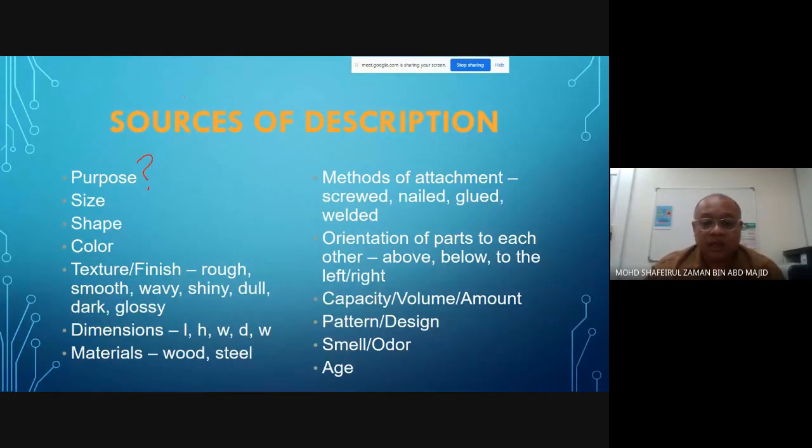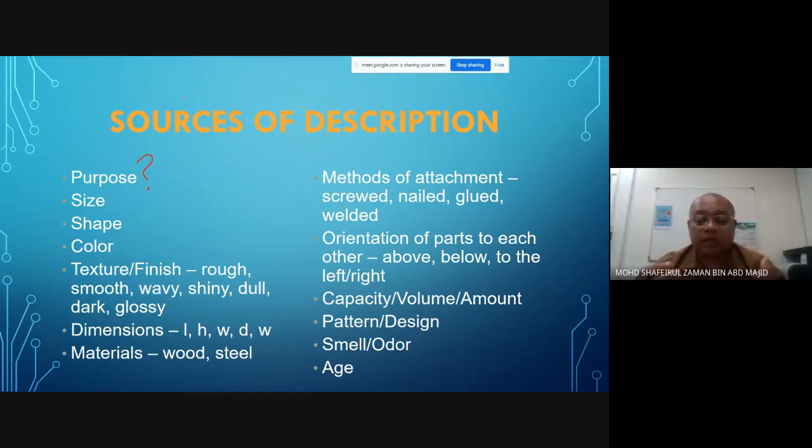Another thing is methods of attachment. For example, some of the main parts are attached to the main or the whole body using glue, and some of the smaller parts are attached maybe using screws. So this is how it works when you are describing a technical product.